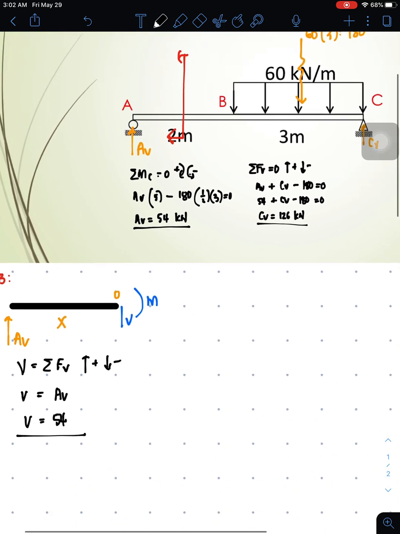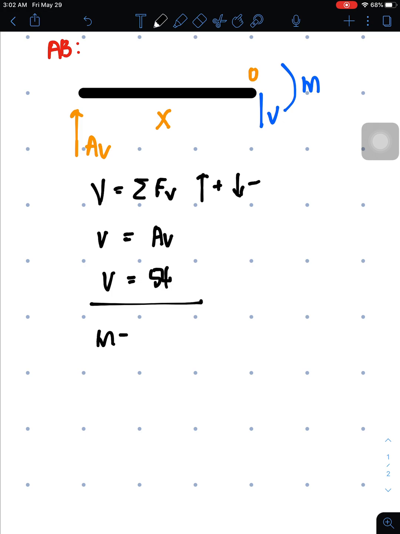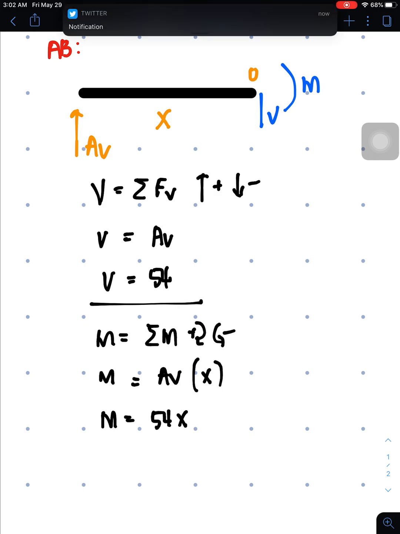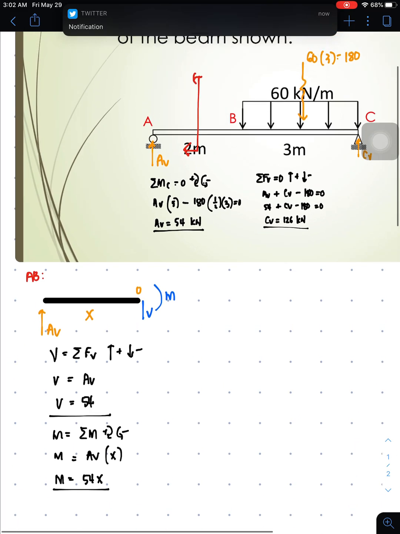Next, the moment equation is summation of moment, clockwise positive, counterclockwise negative, at the point of cutting. So moment is now equal to rotation of AV, which is clockwise, and the moment arm is x. So the moment equation now is 54x. Alright, so that's for AB.